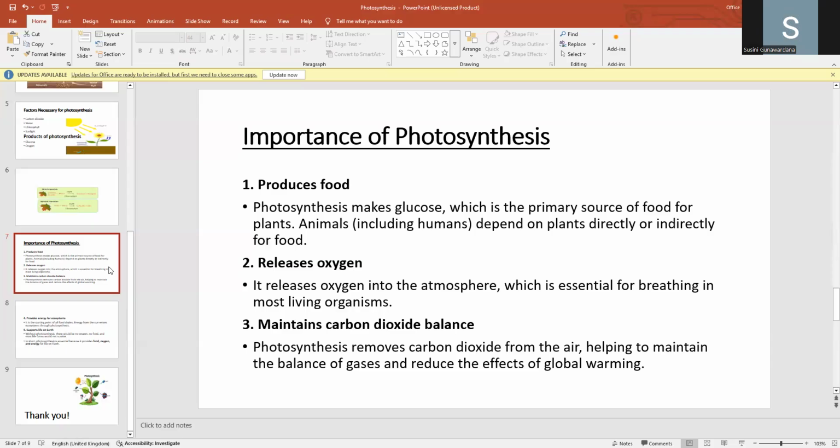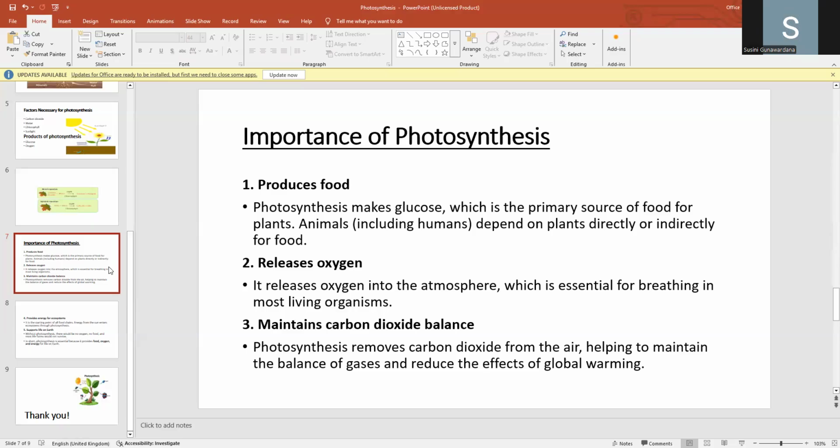So, through photosynthesis, oxygen is released into the atmosphere, which is essential for the respiration, or breathing, of living organisms. And it helps to maintain the carbon dioxide balance. Through different types of processes, carbon dioxide is emitted into the atmosphere.